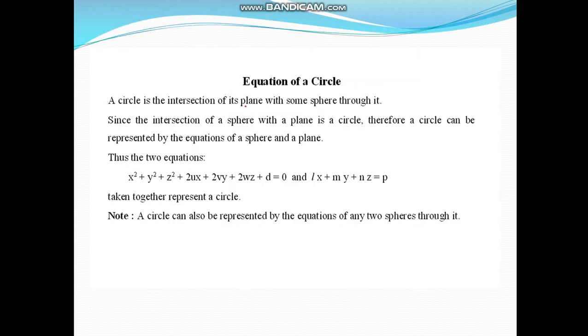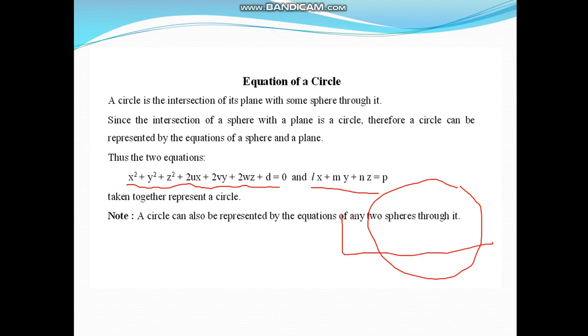Now the equation of a circle. A circle is the intersection of a plane with some sphere through it. As you know very well, this is our equation of sphere and this is the equation of plane. If a plane cuts a sphere, then definitely we will get a circle.